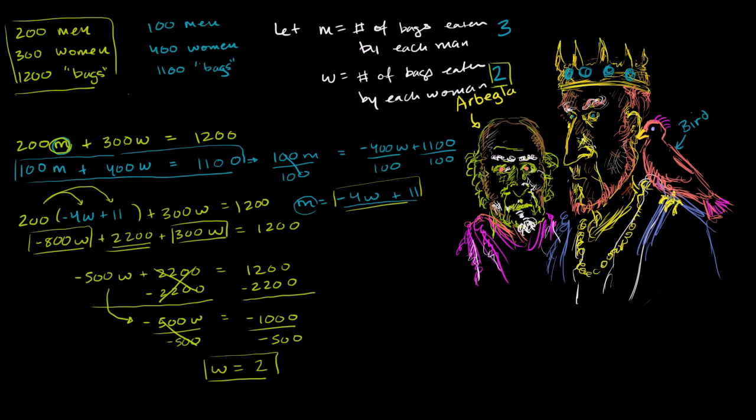And if now you actually wanted to figure out how many chips the men would eat? Well, you could do exactly the same thing you did last time. You know one of the variables, you can substitute it back into one of the equations and then solve for m. And you can try that yourself to verify that you actually will get the same value for m as well. And in fact, this would probably be the easiest equation to substitute into because it explicitly solves for m already.